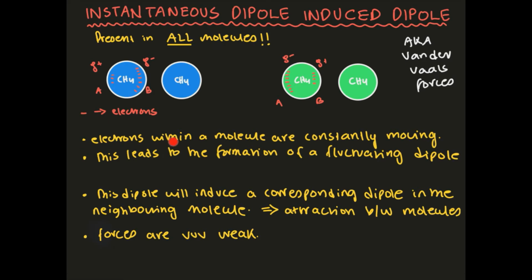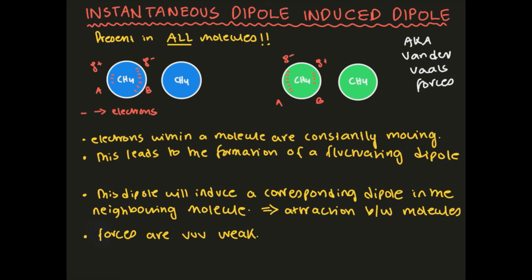The electrons that are within a molecule are going to be constantly moving. If you look at this diagram over here, the blue one, the one with the sides marked A and B, at one instant there are going to be more electrons towards A, and at some other instant there could be more electrons towards side B. So the side which has more electrons compared to the other is going to be constantly changing because these electrons are constantly moving.